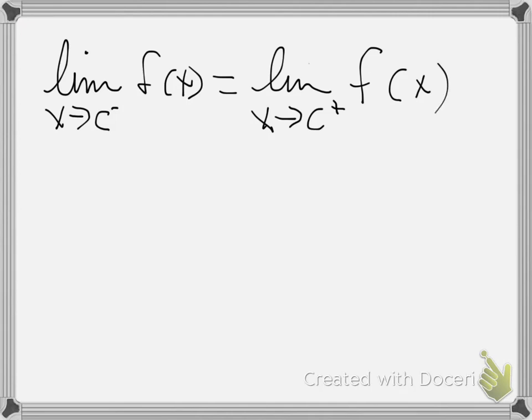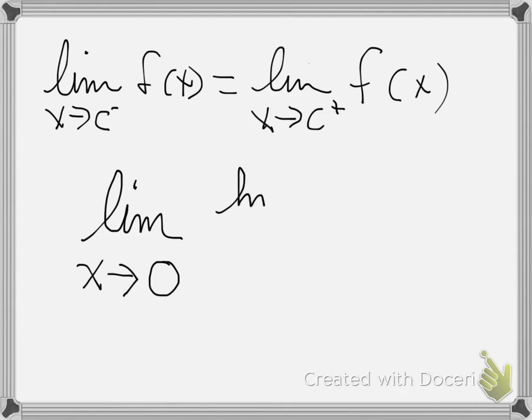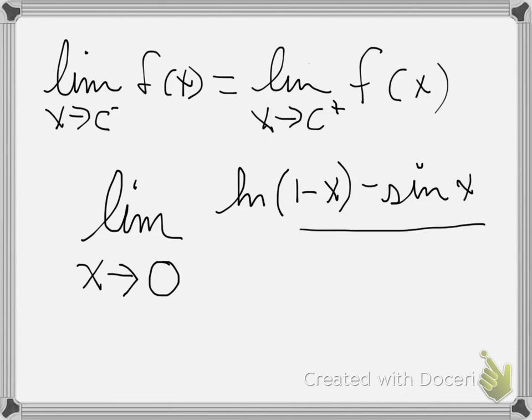Now, this is where the Mean Girls problem comes in. She is asked to find, or they're both asked, the limit as x approaches 0 of the natural log of 1 minus x minus the sine of x over 1 minus the cosine squared of x.